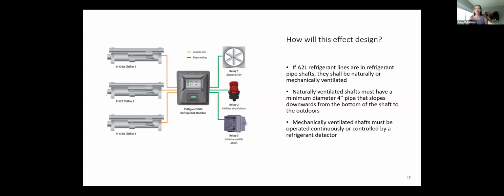We're going to include the refrigerant monitor, which will sense if there's a certain amount of refrigerant in the space. It will activate a fan to provide ventilation. And then we will have a visual alarm and an audible alarm.